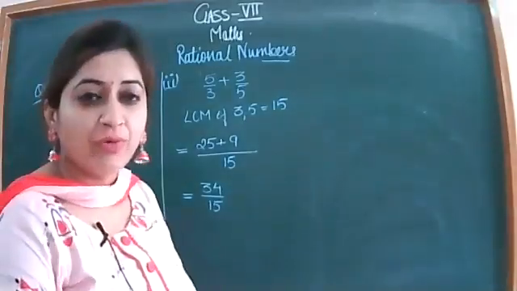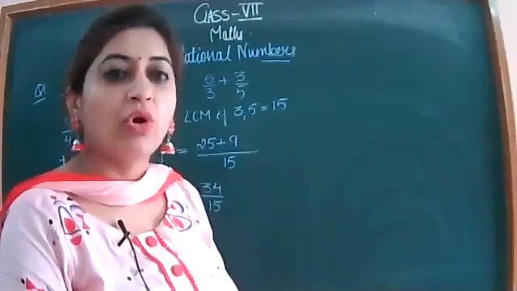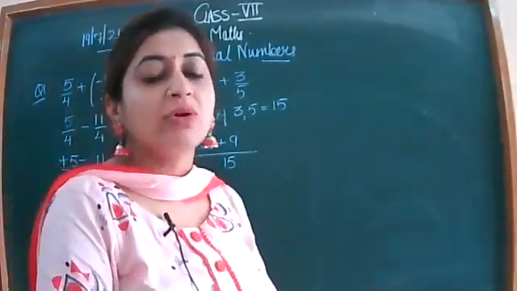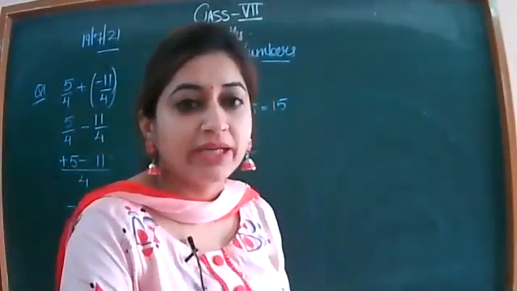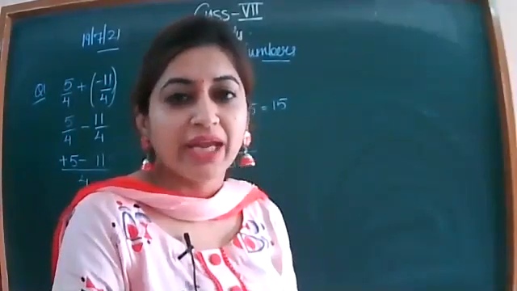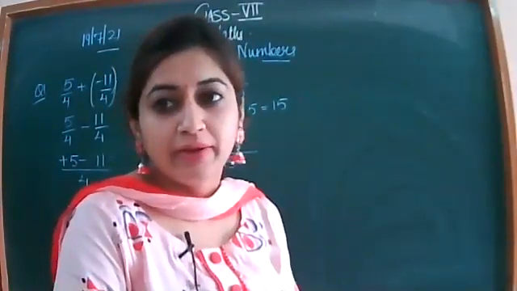So one more thing I want to tell you here is whenever you are getting an improper fraction, you will always change it to a mixed fraction. Otherwise, marks will be deducted. Because this thing we have already learned in chapter number 2, fractions and decimals. Wherever an improper fraction is given, you used to change it to a mixed fraction.